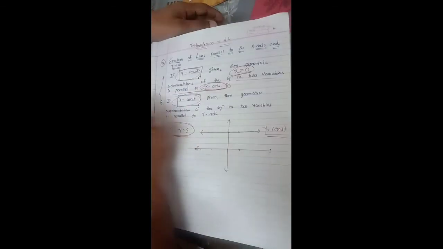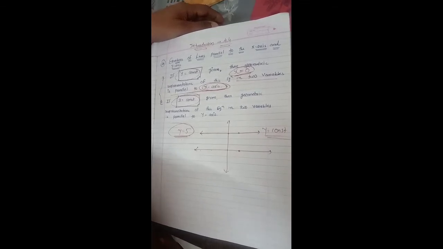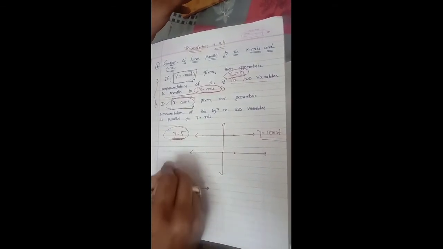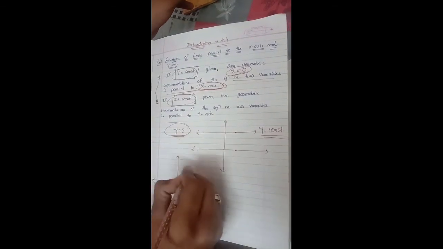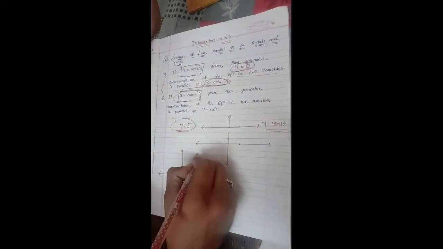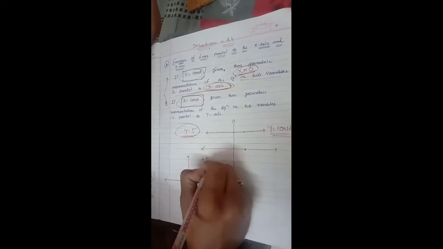And second is, if x is equal to constant, it means y is not there. If you plot the graph, it is parallel to the y-axis. So, if y is constant, parallel to the x-axis. X constant, parallel to the y-axis. This one is for x is equal to constant.